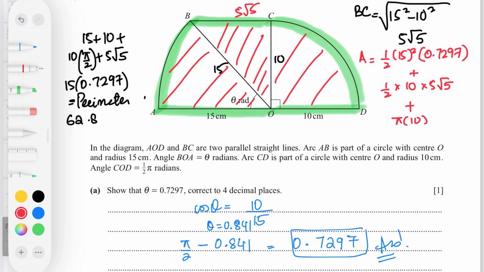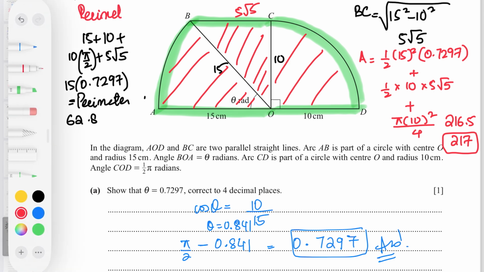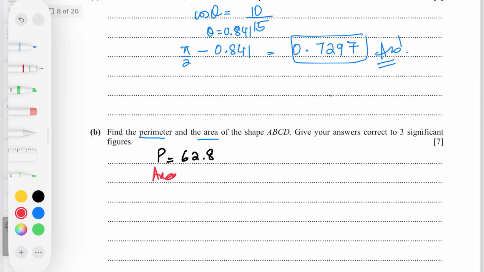So pi r squared divided by 4 gives me plus 0.5 into 10 into 5 root 5 plus pi into 100 upon 4, which gives me 216.5. To 3 significant figures, it will become 217. So this is the perimeter working and this is the area working. So area becomes 217. Accuracy is important.